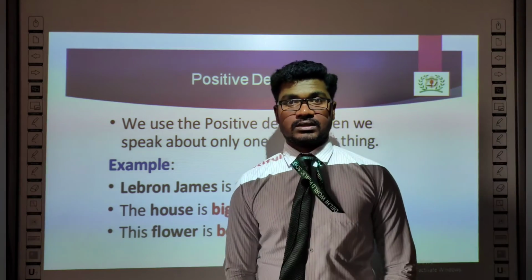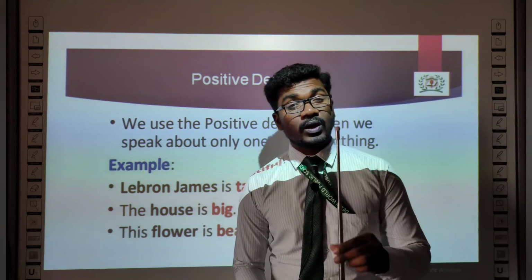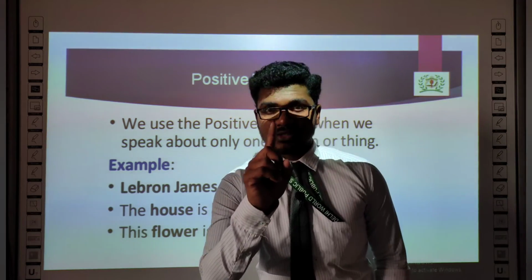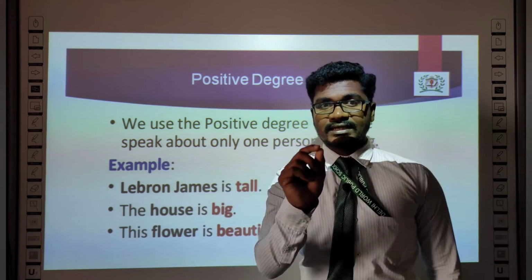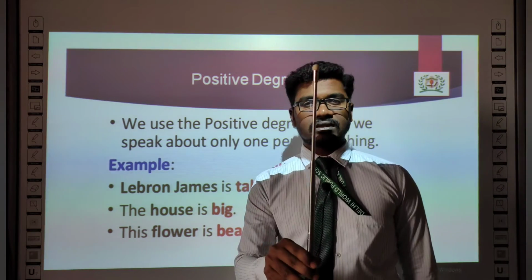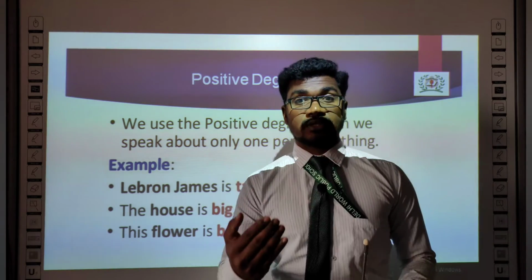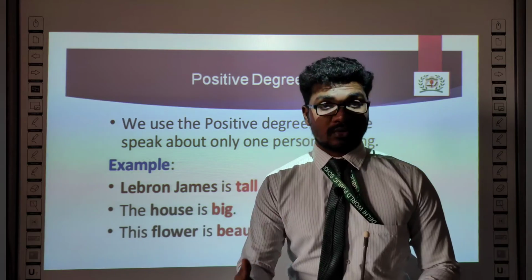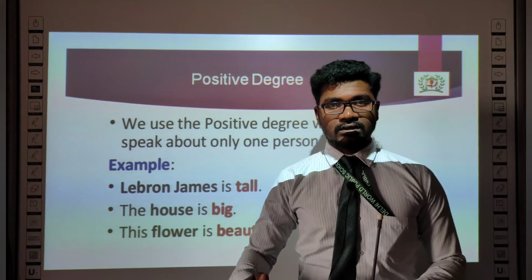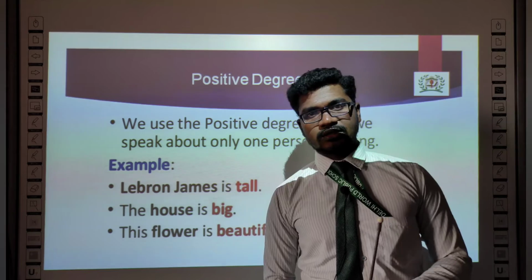Only one house. This flower is beautiful. Here only one flower is there and it is beautiful. It is called the positive degree. So remember that we are not comparing with any other thing. We have only one thing, only one person, and we are describing that, whether he is tall or short, ugly or beautiful. Got it?